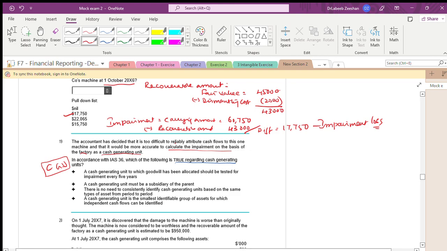A cash generating unit is the smallest identifiable group of assets for which independent cash flows can be identified. The answer will be the last one. Exactly. It is the smallest identifiable group of assets.